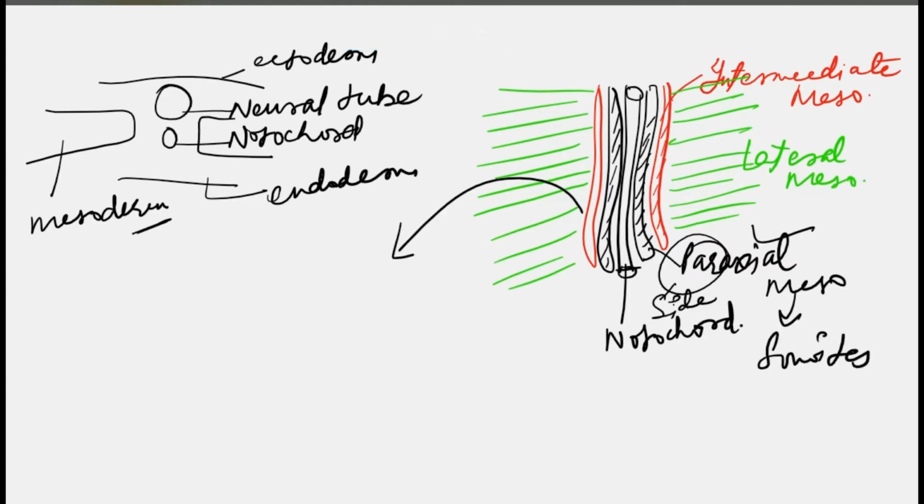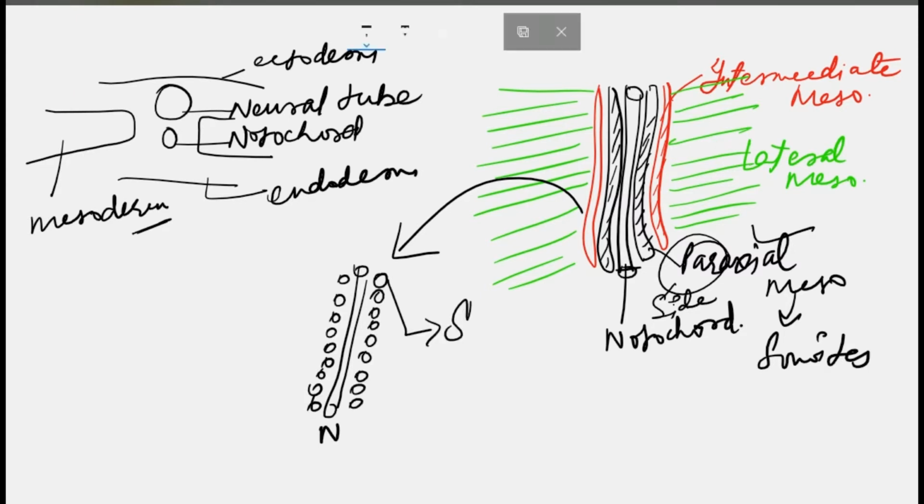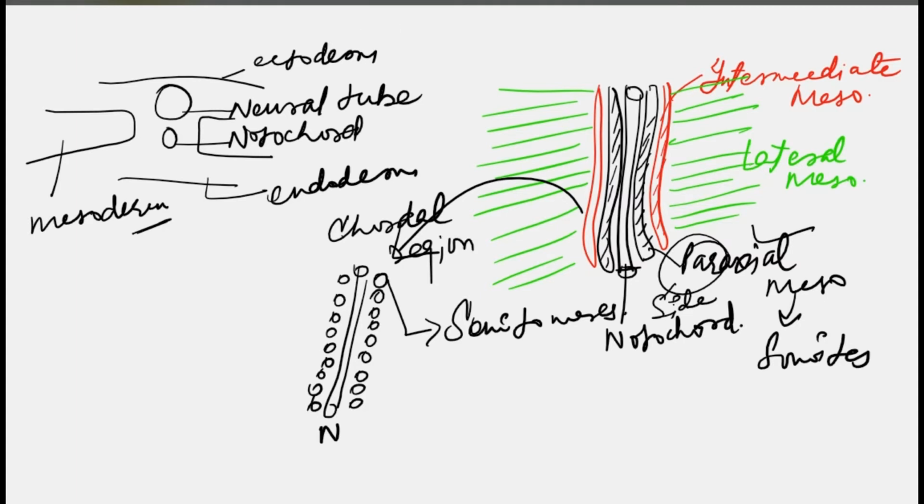What happens is this paraxial mesoderm is going to get segmented into somitomeres. This is the caudal region. Here you are having some caudal plate mesoderm.